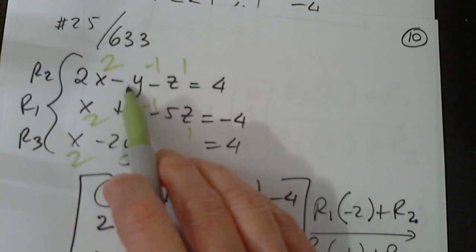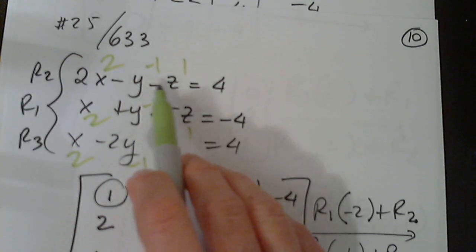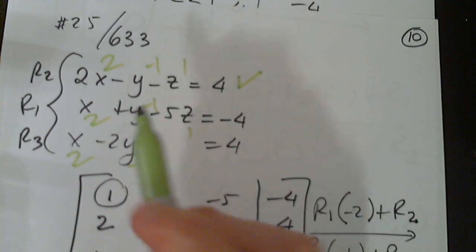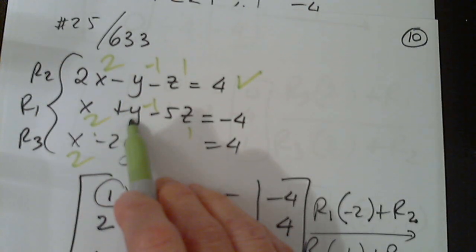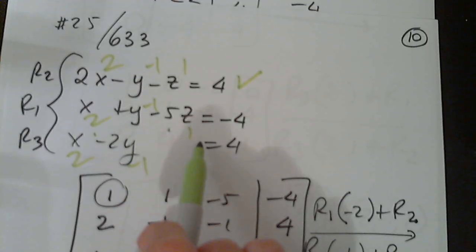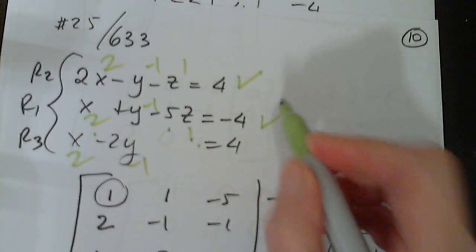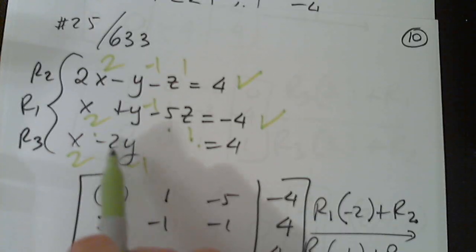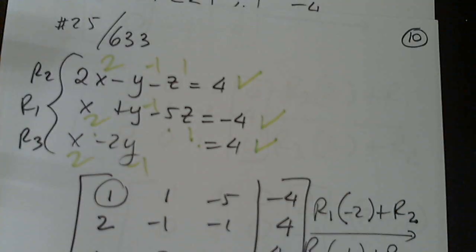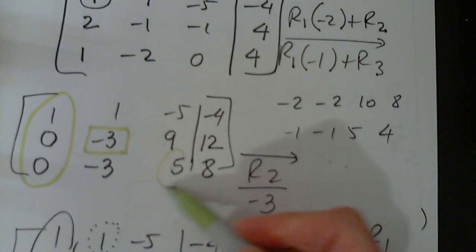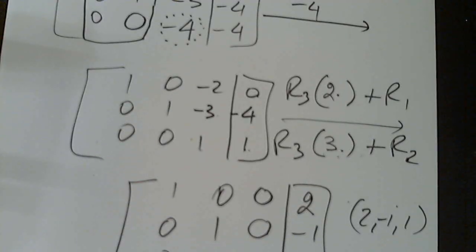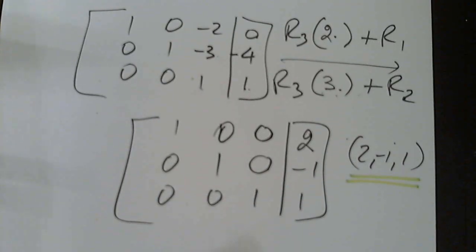4 plus 1 is 5. Minus 1, yes. 2 minus 1 is 1. 1 minus 5, yes. 2 plus 2, yes. I got lucky with this here, that I found it before getting too far.